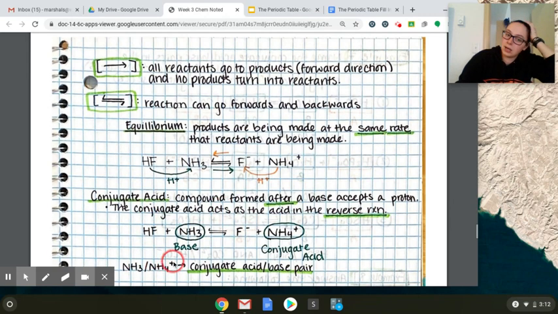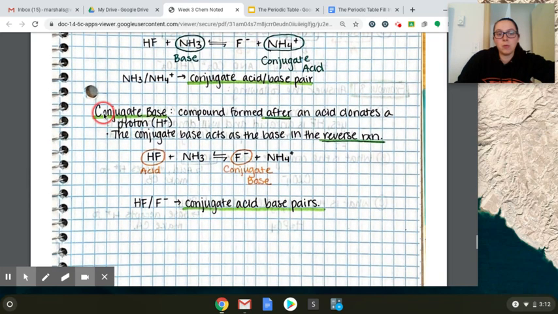NH3 and NH4+ are considered conjugate acid-base pairs. The same thing can be said for hydrofluoric acid and the fluoride ion, and it will make a conjugate base. A conjugate base is a compound formed after an acid donates a proton. The conjugate base acts as the base in the reverse reaction. HF is our acid.